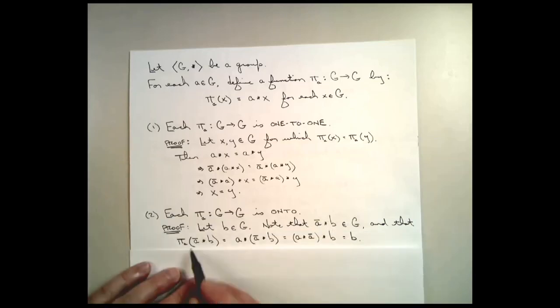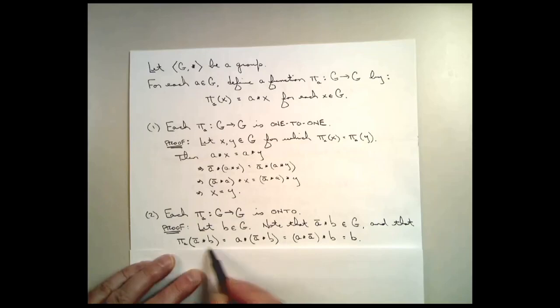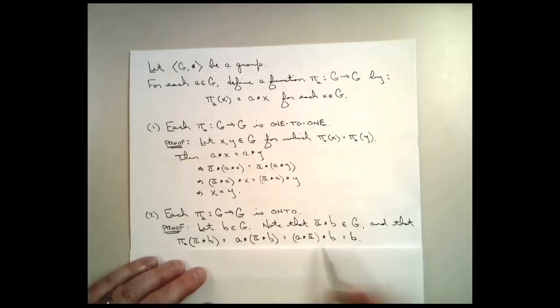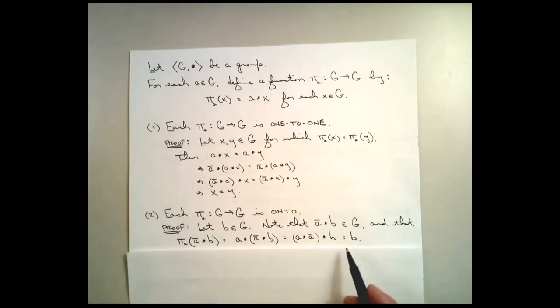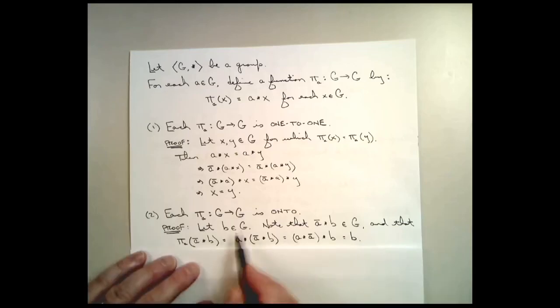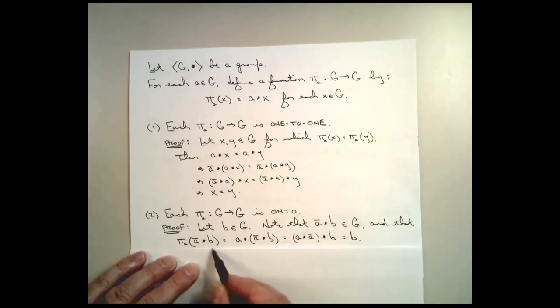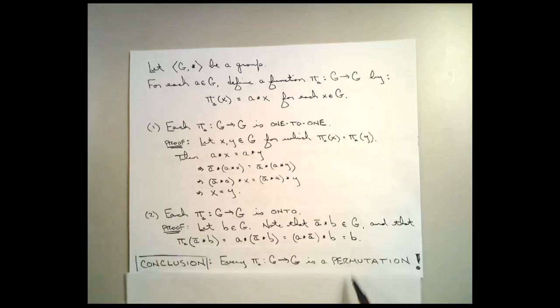By definition of the way we're defining the function, that's going to be A times A inverse B. Again, by associativity, that gives us that the identity times B is the result, and that's equal to B. So I picked something out of my codomain, and I found something in my domain that maps to B. So pi sub A is onto.